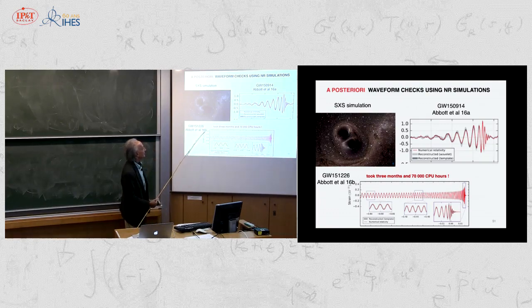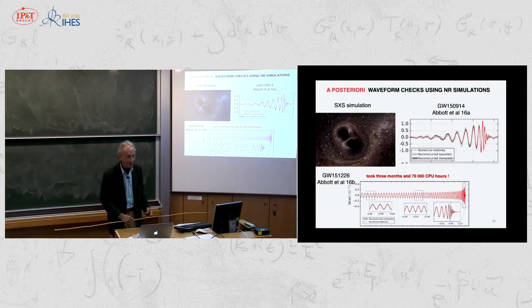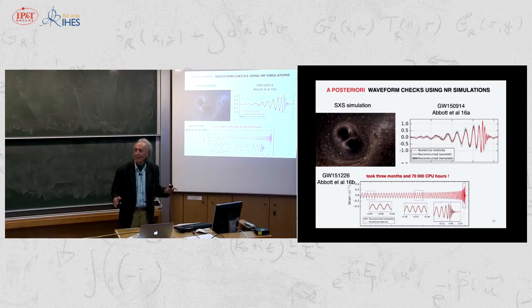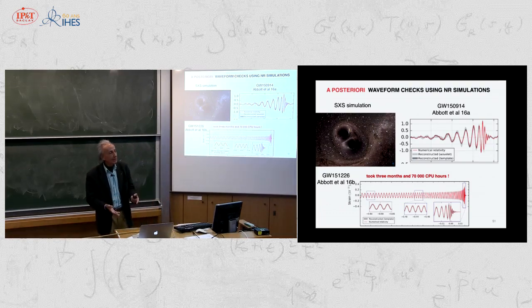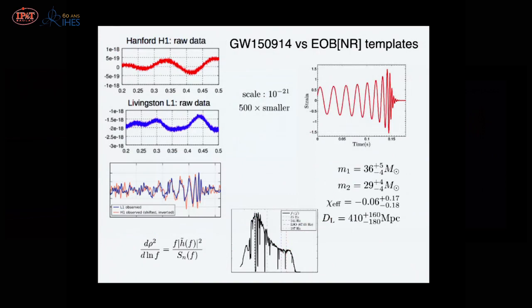But I want to insist that the numerical simulation done for this took 3 months and 70,000 CPU hours. So you see one template, which in reality lasts a few seconds, takes today with the best computers still 70,000 CPU hours, okay? So it shows numerical relativity is not efficient yet.